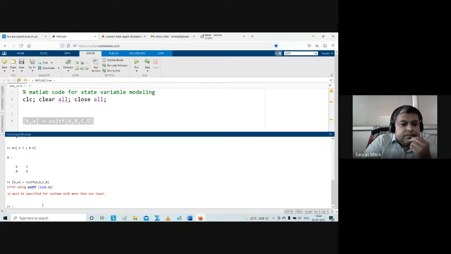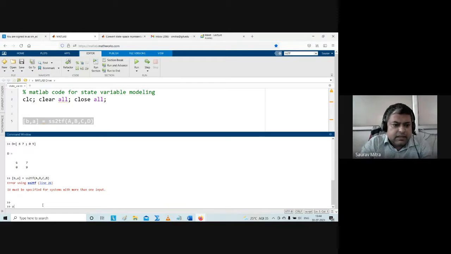Look. Okay, so what we have, it must be, IU must be specified for system with more than one input. I think some mistake is there. So A matrix like this, B matrix like this, C matrix like this, and suppose D matrix is 0.